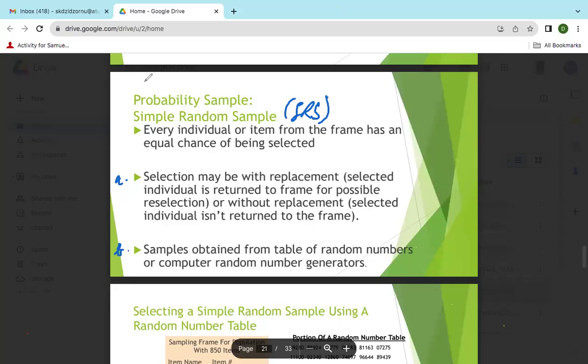So let's say individual number five, individual number 10, individual number 21, let's say individual number six, and then individual number 13.